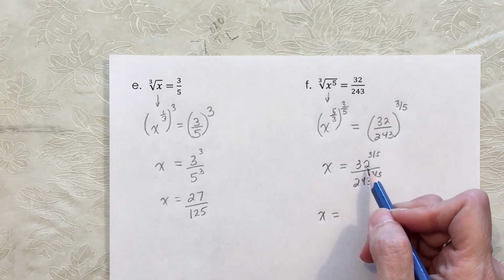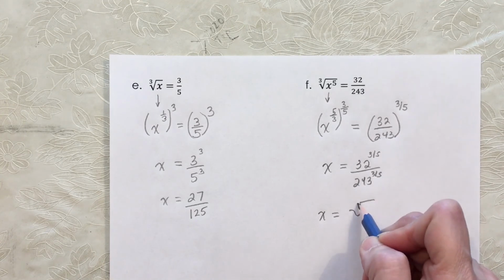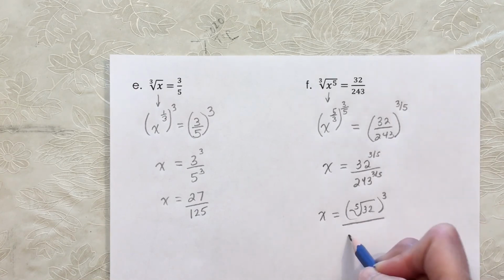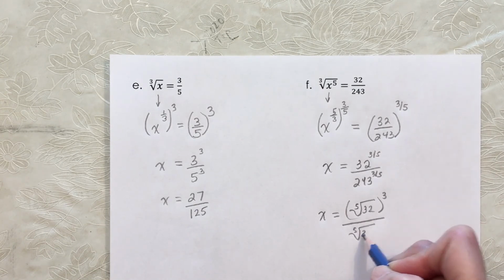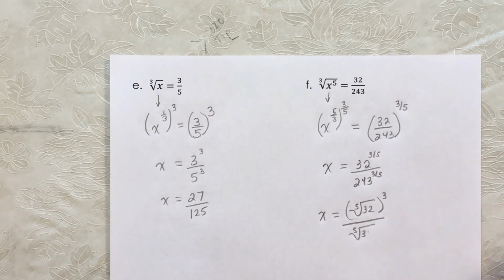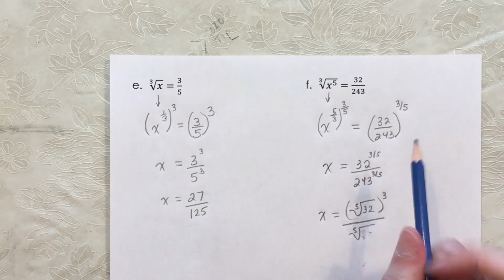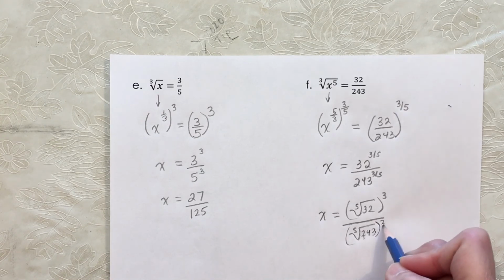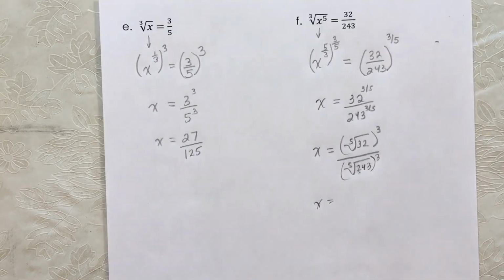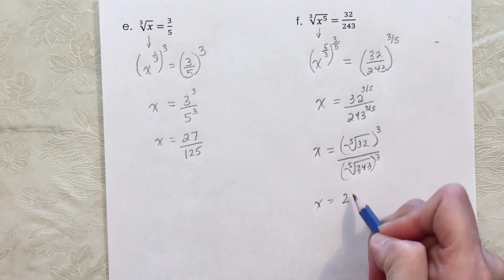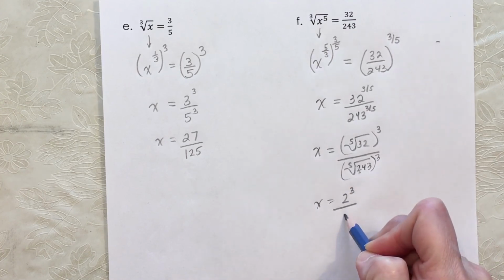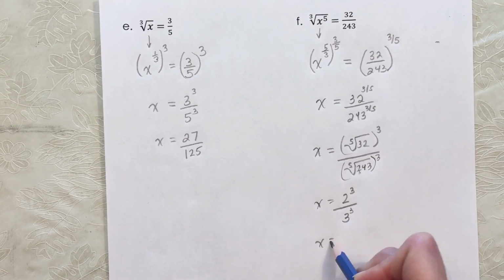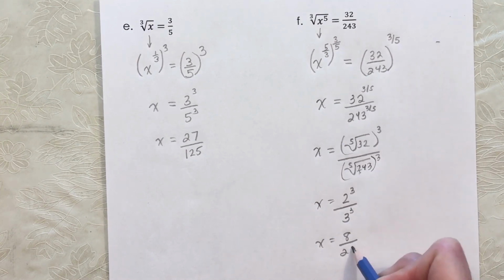Then writing it in radical form, that's going to be the 5th root of 32 cubed over the 5th root of 243 cubed, which is 2 cubed over 3 cubed, because 3 to the 5th is 243, or 8 over 27.